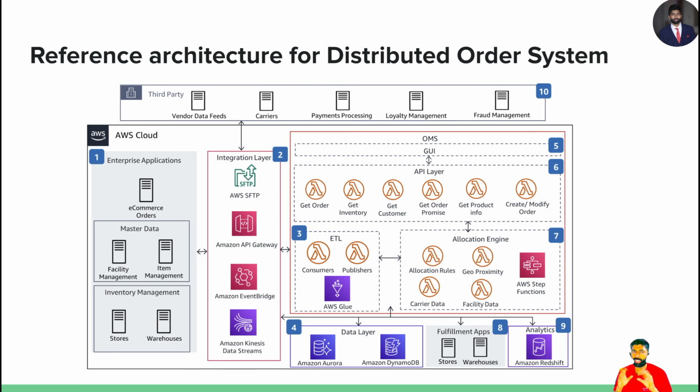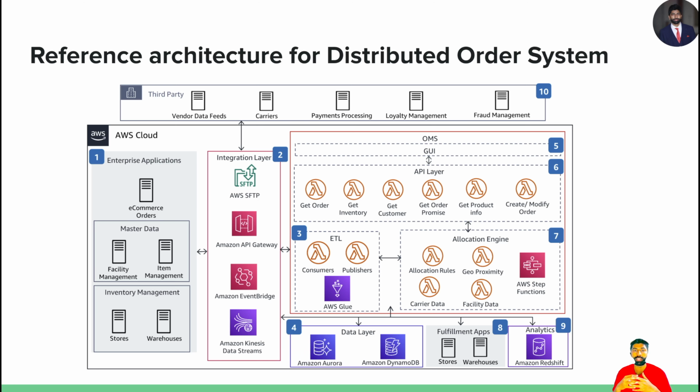Now, this is a sample reference architecture of a distributed order management system on AWS. On the left, there are enterprise applications which feed the data into OMS. This data includes facility attribute data, such as store data and warehouse data. This data also includes product data and inventory data.